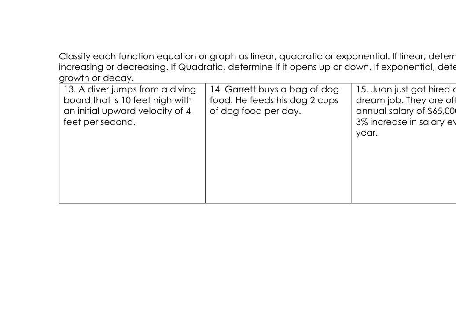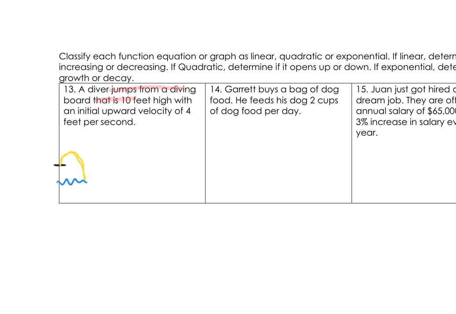So what you need to recognize is that we have something jumping from a diving board to a certain height. And yeah, they gave us the speed, but that's okay. If you think about what that would look like, if I have a diving board, here's my water, here's my diving board. If that person jumps off the diving board that's 10 feet high, they're going to jump up and then they're going to go back down.